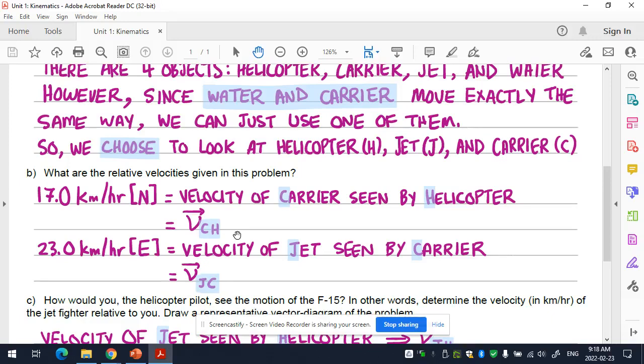Okay, look at the last question, which is obviously the whole point of doing this problem. How would you, the helicopter pilot, H, see the motion of the jet? So am I asking you for this, everyone? Am I asking for this or this? Remember, they're not the same.